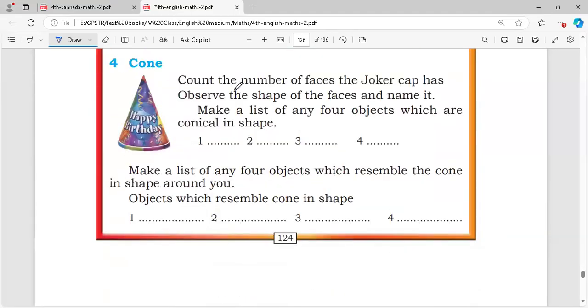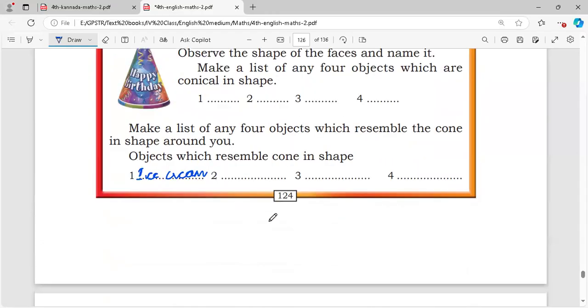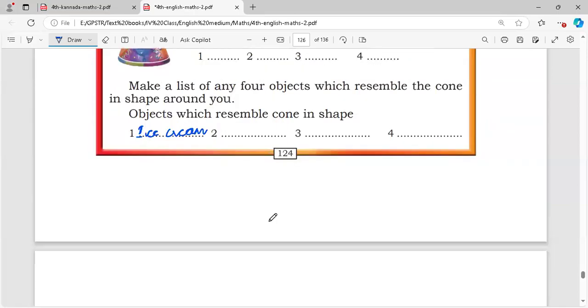Cone. This is a cone. Examples: cone ice cream, Christmas cap, which resemble a cone in shape.